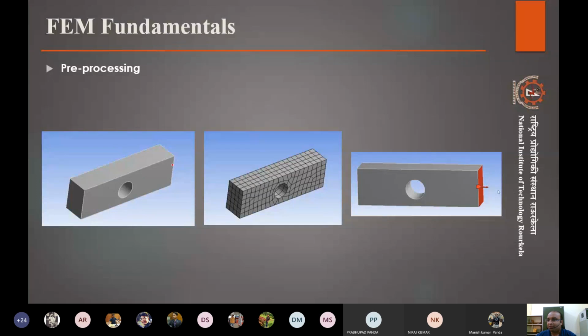What they want to do in this analysis is that it is fixed generally at one end, and there is a pulling force due to the movement of the machinery, and they want to see how the stresses are developed in the circular portion, and if there is any displacement that can change its shape.